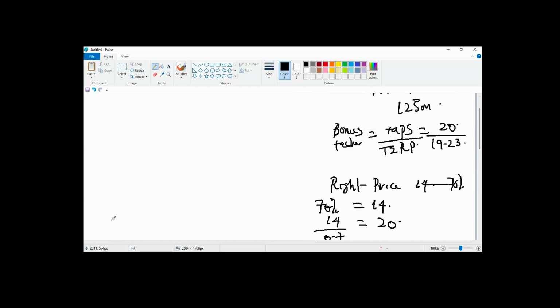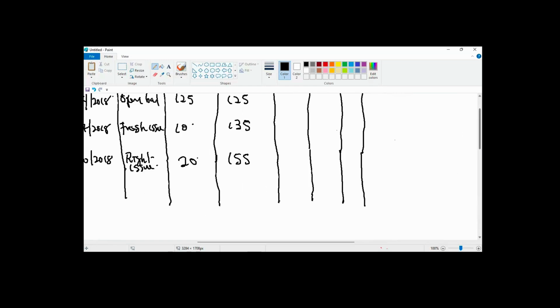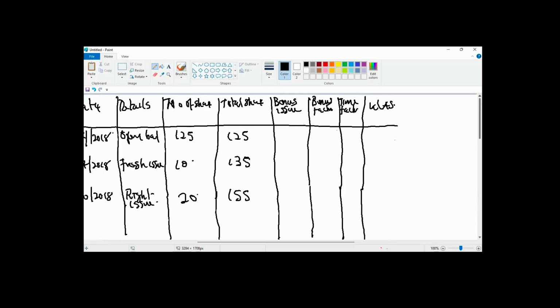I'll just go to the question. It must be given to whom? Existing shareholders. Bonus factor is 20 over 19.23. That's all.